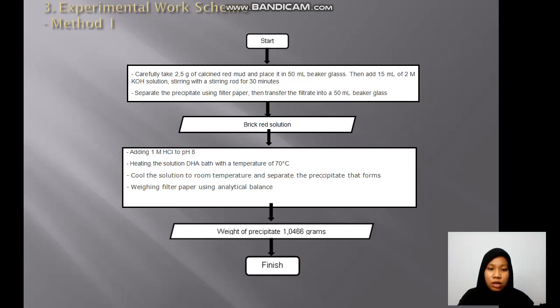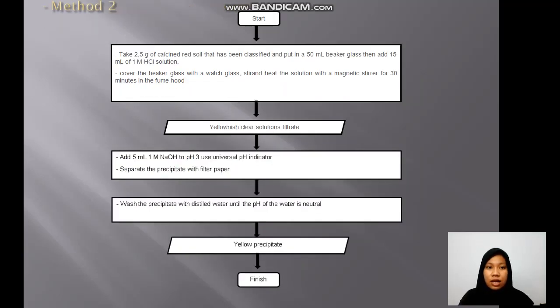Cool the solution to room temperature and separate the precipitate that forms. Next, weigh the filter paper using an analytical balance. Next, weight of precipitate: 1.0466 grams. Finish.